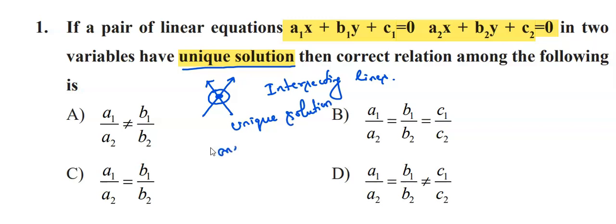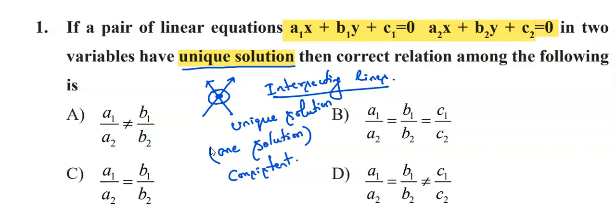The meaning of unique solution is one solution. And also we call such type of lines consistent. Remember, if lines intersect with each other, they form a unique solution and they are consistent.